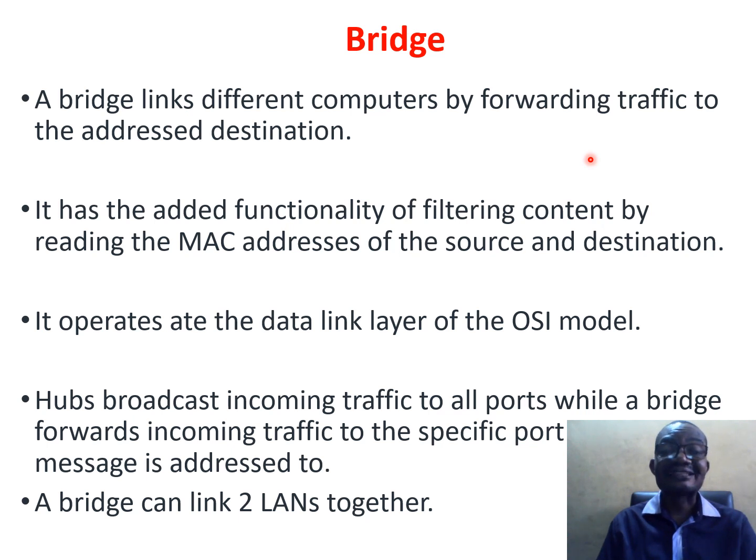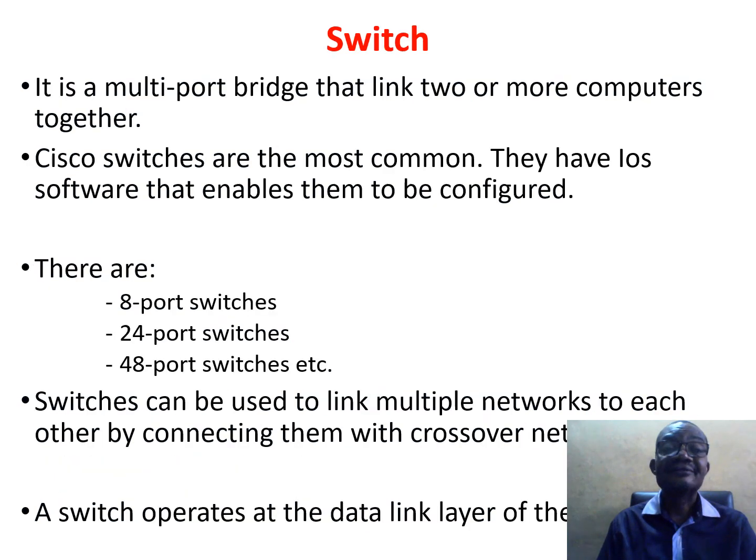Hubs broadcast incoming traffic to all ports, while a bridge forwards incoming traffic to the specific ports that the information is addressed to. In addition, a bridge can link two local area networks together.